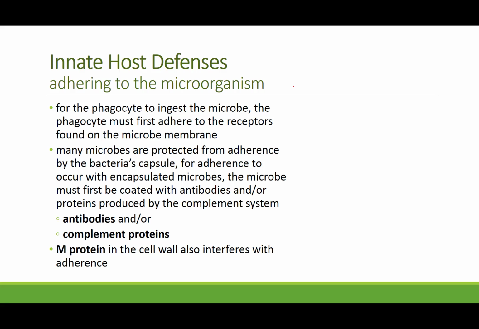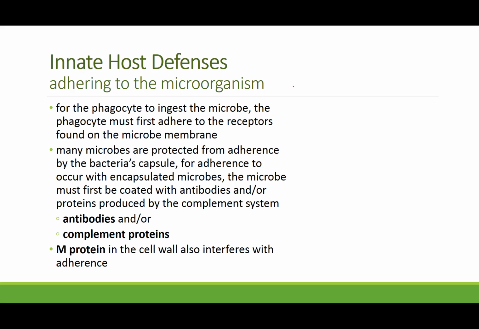And so in order for a microbe with a capsule on it to be adhered to, the body must first produce antibodies or other proteins, complement proteins, that will bind to the capsule, and then those become something that the phagocyte can bind to. There's also a protein referred to as the M protein.